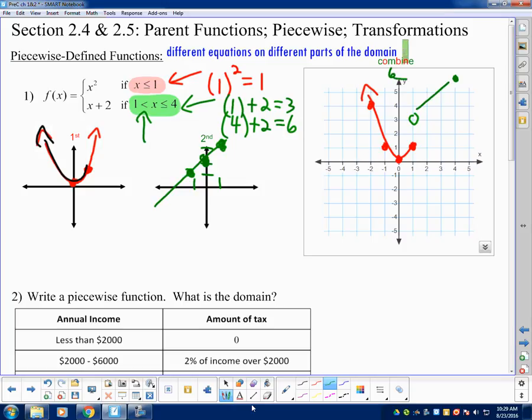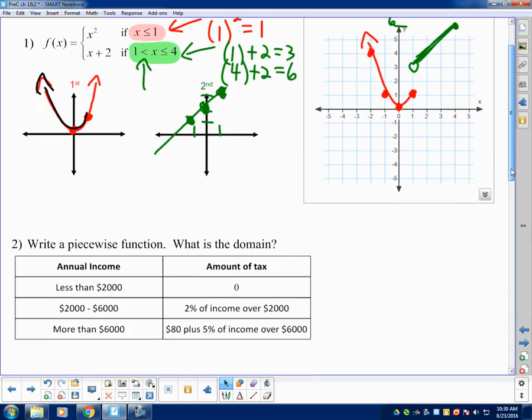And if I draw in that line, there's my piecewise function. You can see that it is a parabola to the left of 1 and then jumps up to this open circle up here, and then is the line x plus 2 to the right of that. So once again, I like to plug in the endpoints of it, maybe fill in some values in between if it's a curve, and that gives you a picture of the piecewise defined function.